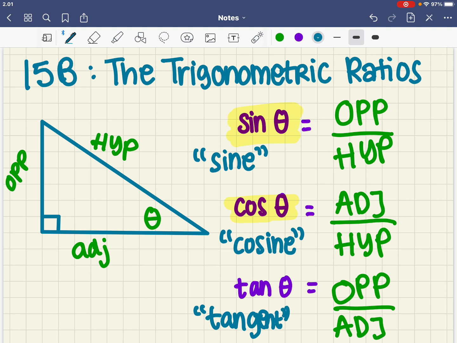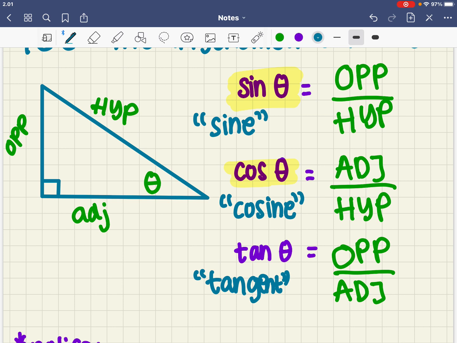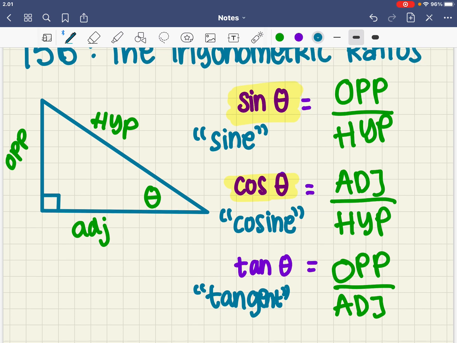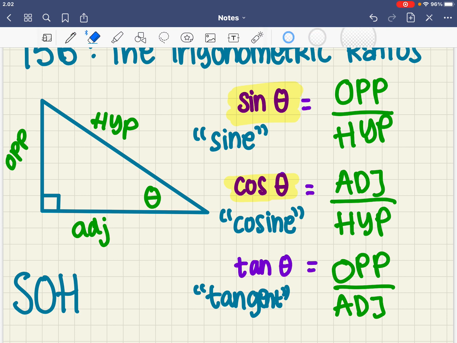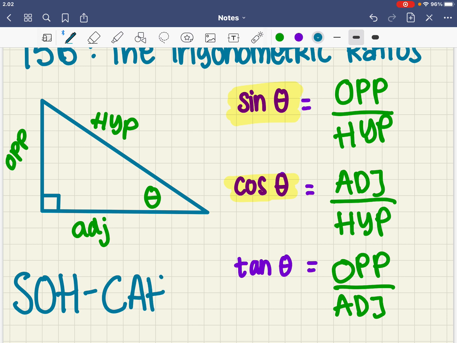So how do I remember what these are equal to? This is what I've always chant in my head. So notice that sine equals to opposite over hypotenuse, right? And then cosine is adjacent over hypotenuse. So I would take the first letters. So cosine adjacent over hypotenuse.